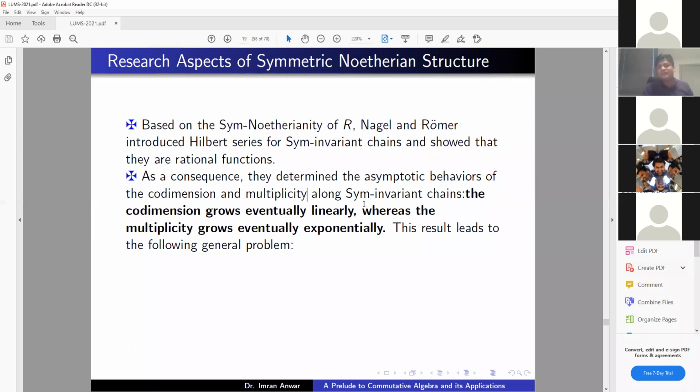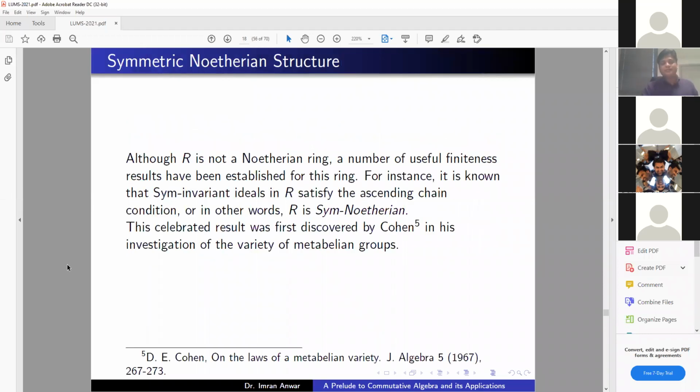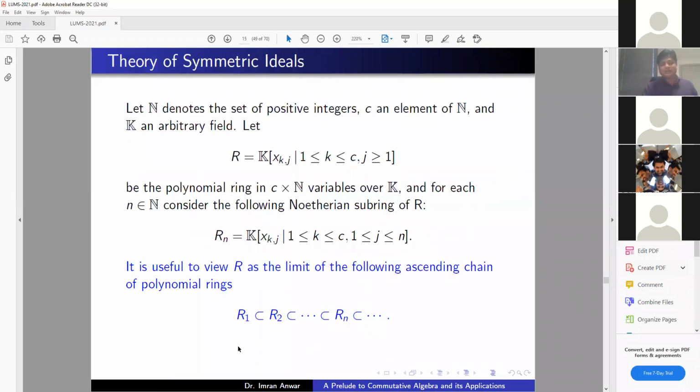As a consequence, they determined the asymptotic behavior of the codimension and multiplicity. Asymptotic means you are going along this particular chain of ideals I1, I2, I3, and so on, IN. At the I2 level there is an ideal, at I3 there is another ideal, at I4 another ideal. The ideal I2 is in R2, I3 is in R3, IN is in RN.